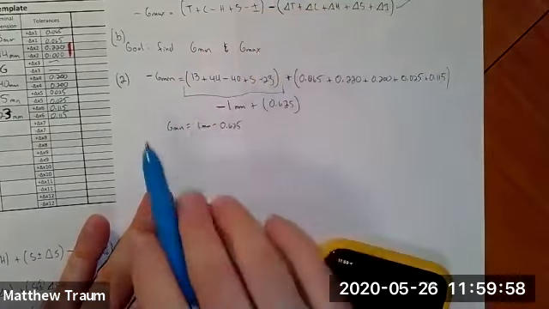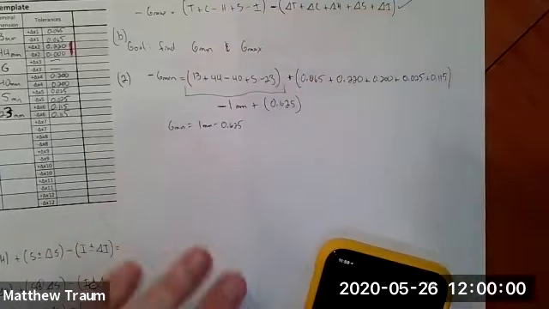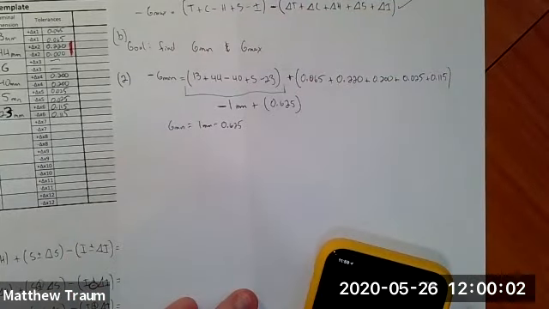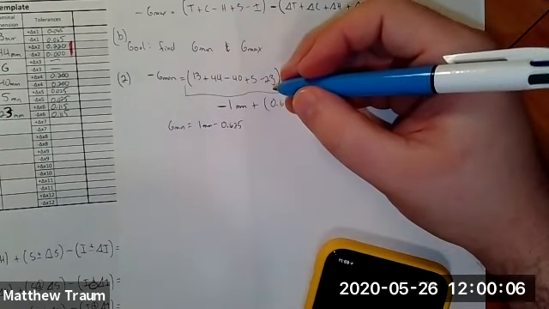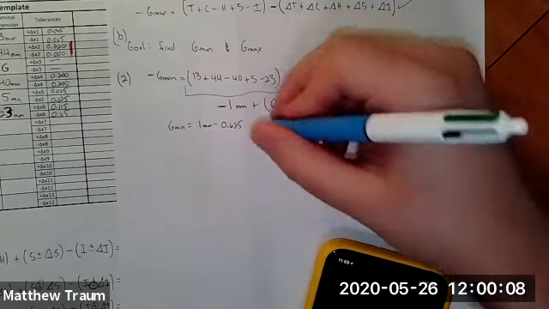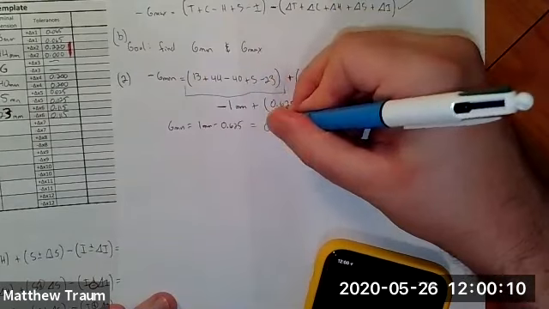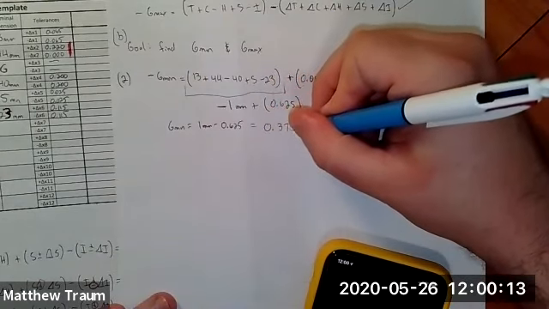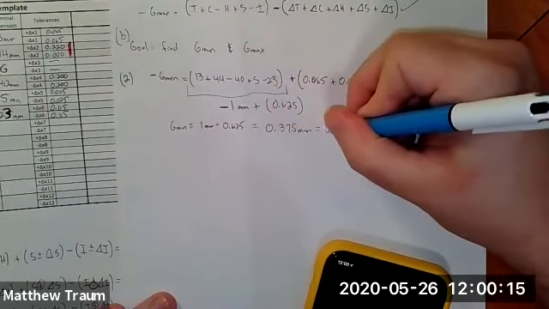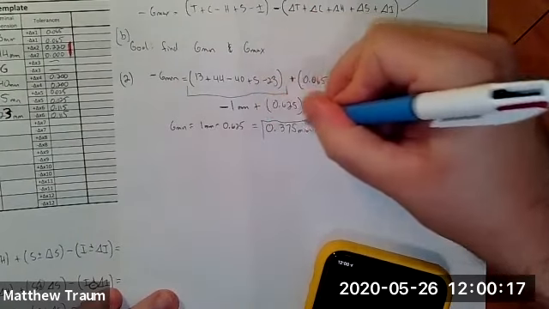All I've done is taken this minus sign and distributed it through. So 1 minus 0.625 is 0.375 millimeters. That is Gmin. So we've got that one solved.